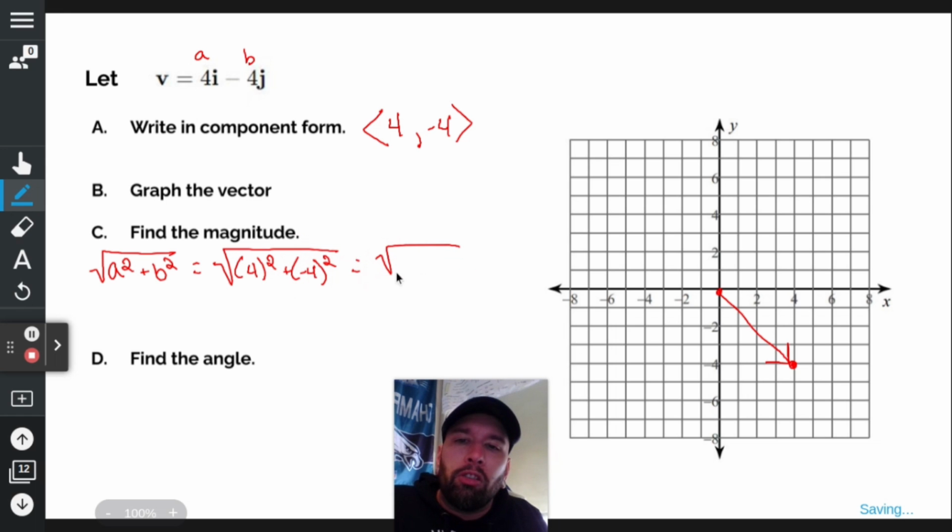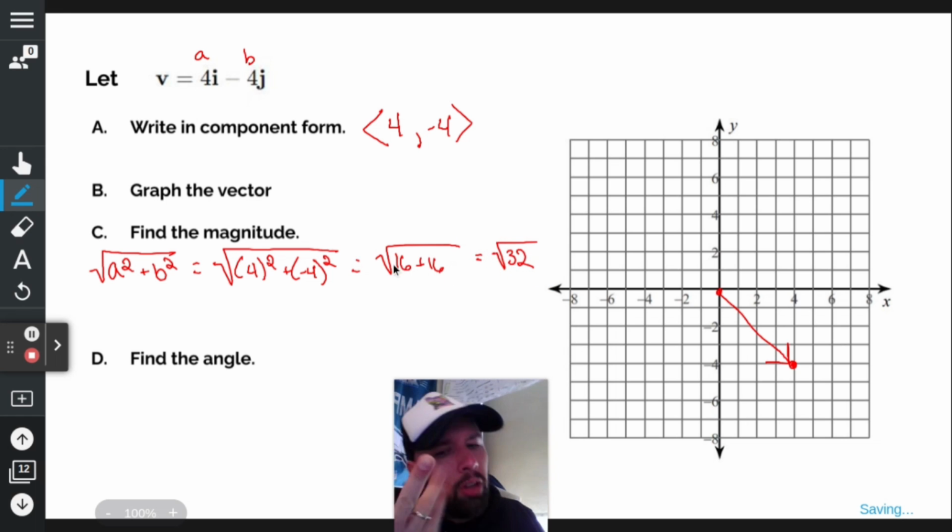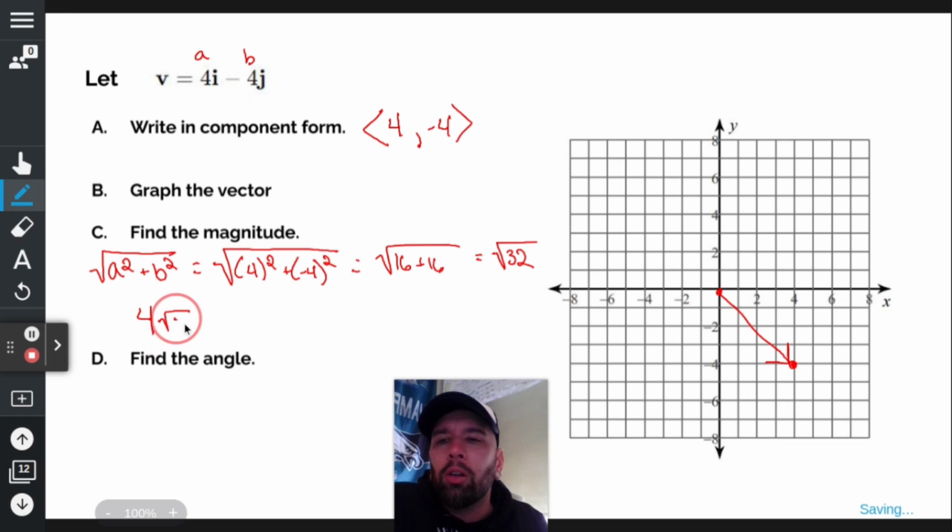That becomes the square root of 16 plus 16, which is the square root of 32, which is 2 times 2 times 2 times 2 times 2, 5 of them. So in other words, pull out 2 2s, you're left with a 4, you're left with a 2 on the inside. That's what you're going to get right there. Okay, so that's the magnitude. Okay, so you would write this out as the magnitude of vector v.